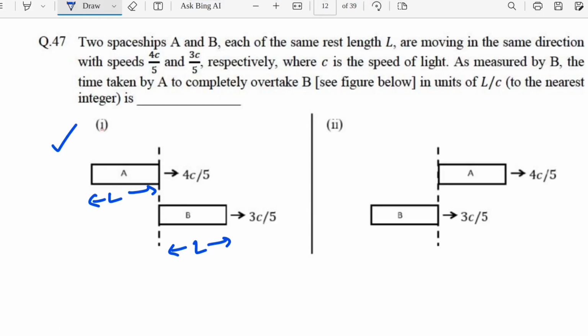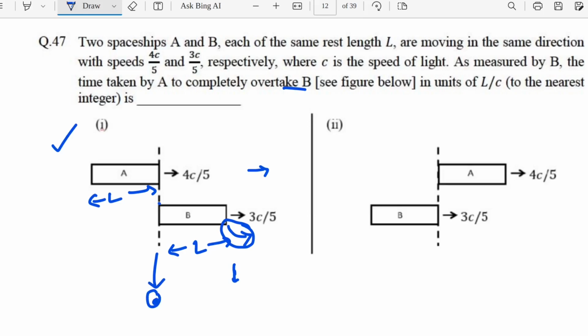The question asks you to tell at what time A will completely overtake B, and the time is measured in frame B. As measured by B, the time taken by A to completely overtake B. Overtake B means, from here, this is the first point and this is the second point, because that's why the two figures are there.